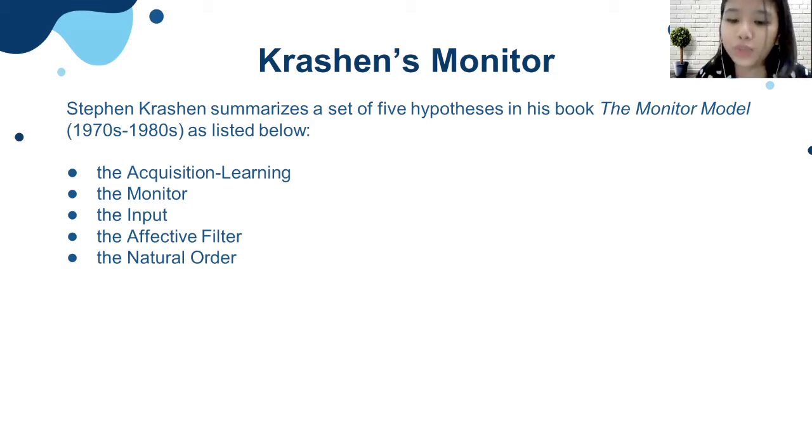Krashen also suggests that there is individual variation among language learners with regard to monitor use. He distinguished those learners that use the monitor all the time, called overusers, and those learners who have not learned or who prefer not to use their conscious knowledge, called underusers.